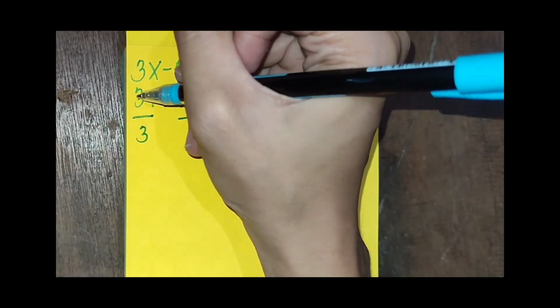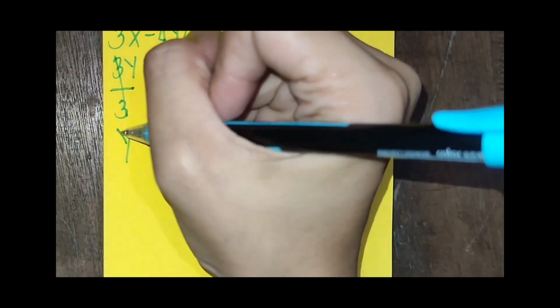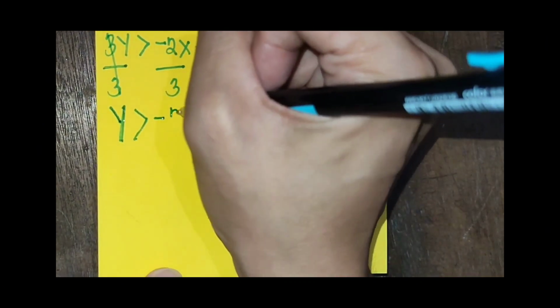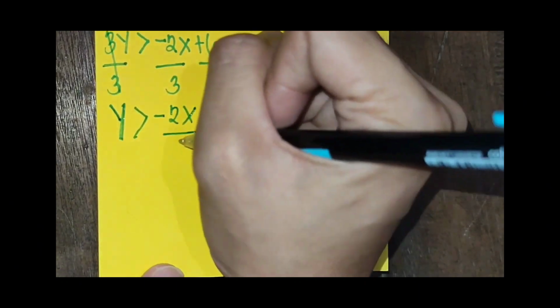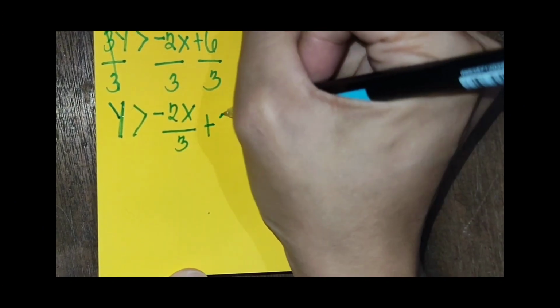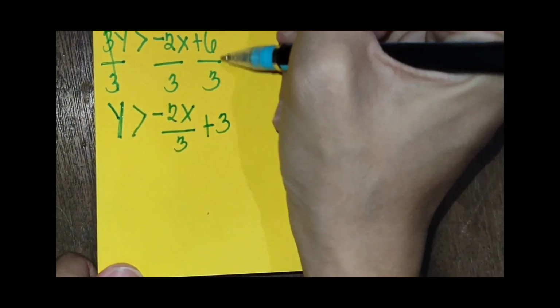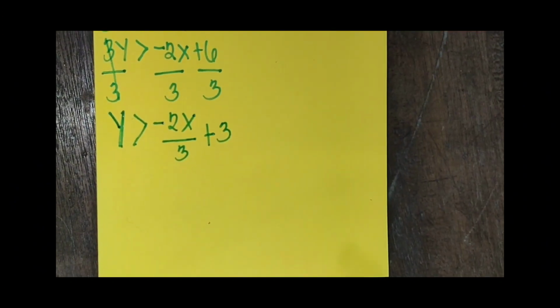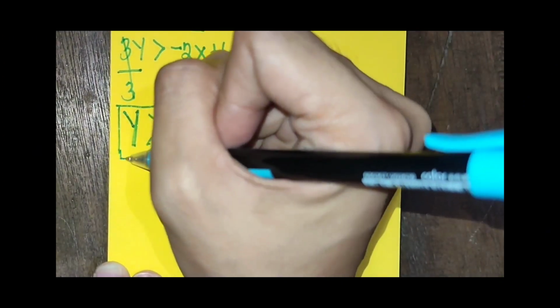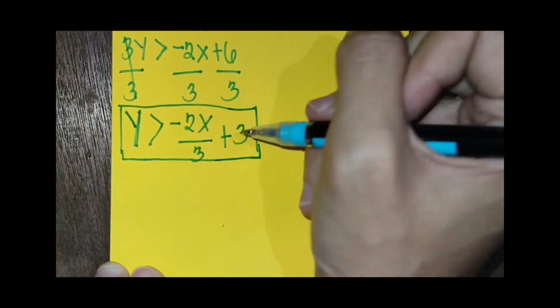So, cross lang natin to. So, y greater than negative 2x over 3 plus 3. Isi-simplify lang natin siya. So, 3 ang sagot. Ito na yung final answer. Ito na yung gagamitin natin sa graph.